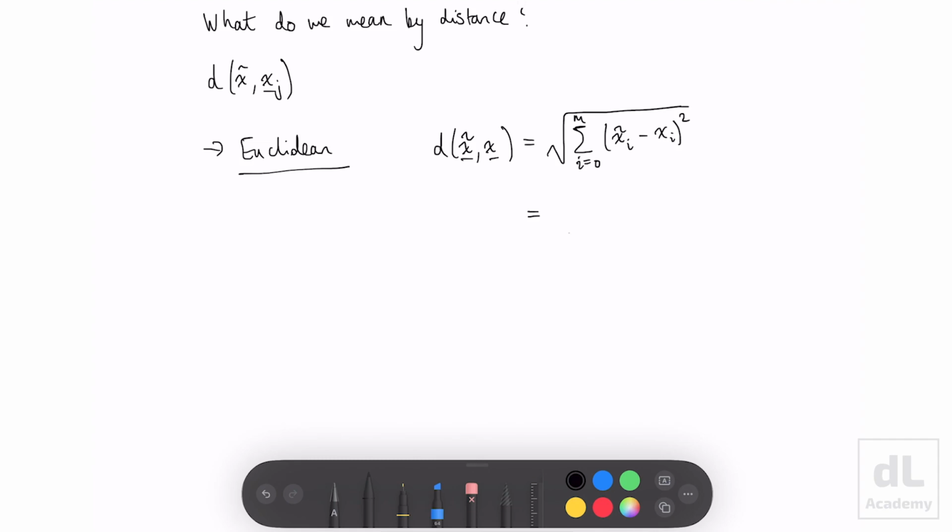Let me write this out because I've used a sum notation. Let's unpack this. This is essentially Pythagoras. So this is the first component of the input squared, plus the second component squared, all the way up to the final component, which I've used m for.